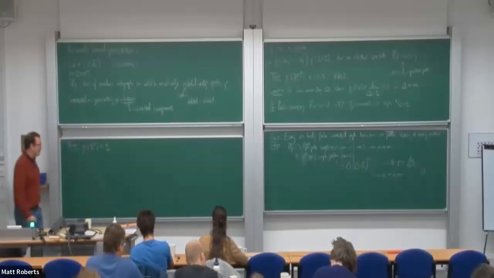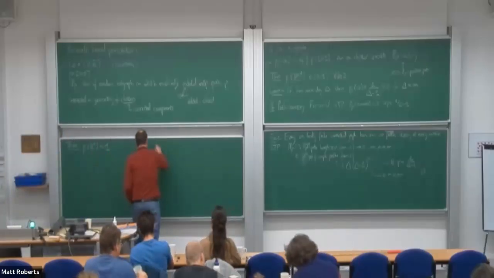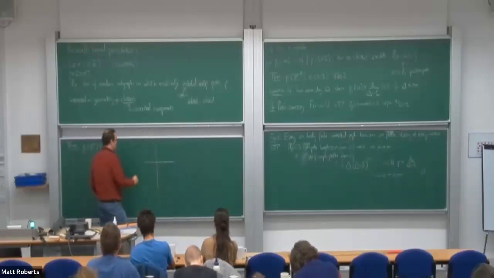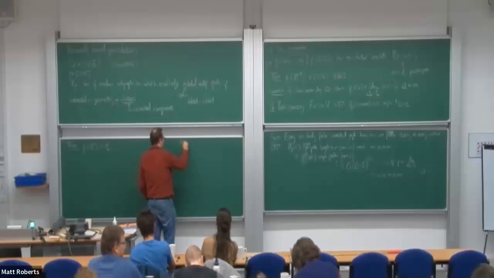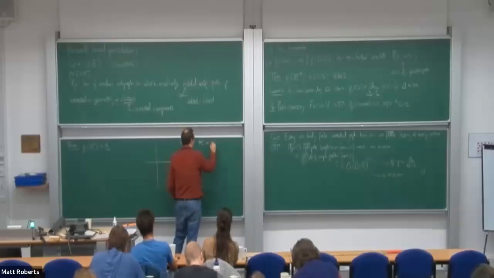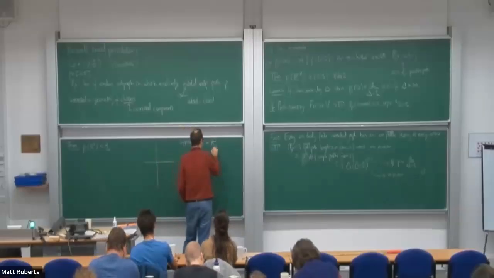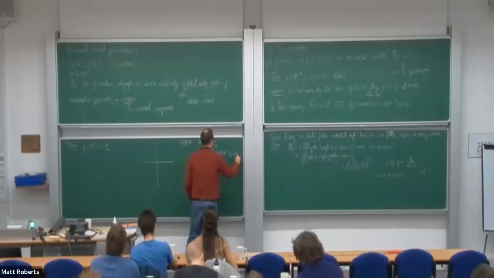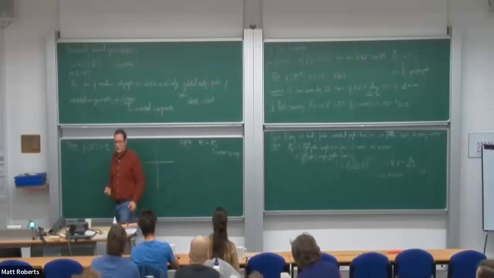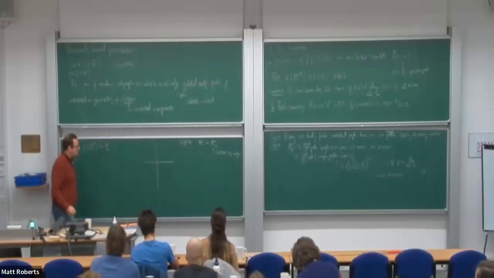Now here's the idea. Suppose, by the way, I'll always write K to mean the cluster of the origin. If I want to take the cluster of a different point other than the origin, I'll use a subscript. Suppose K is finite.